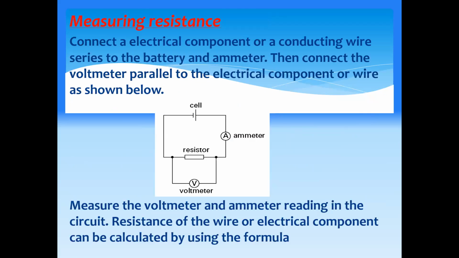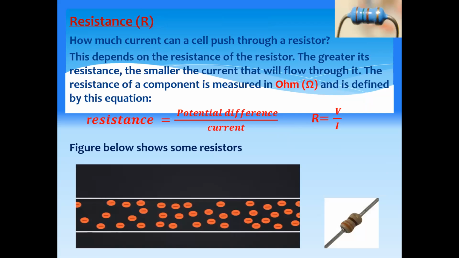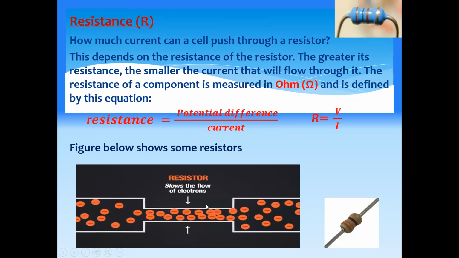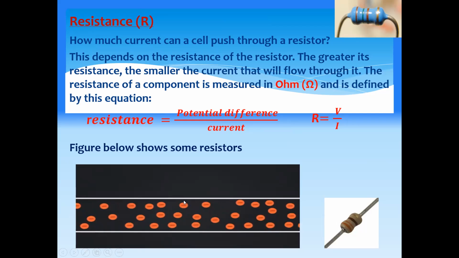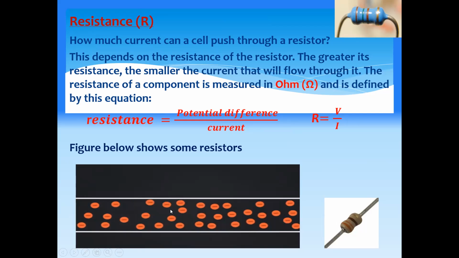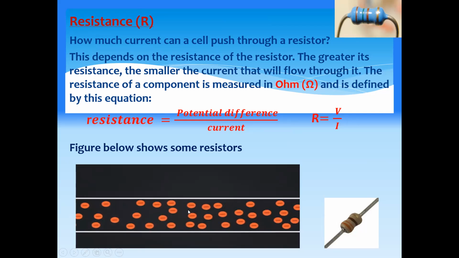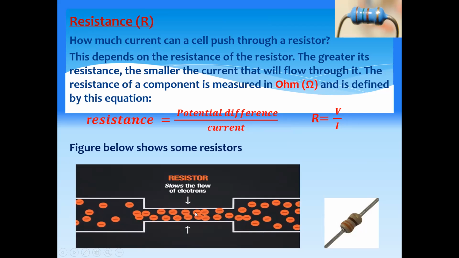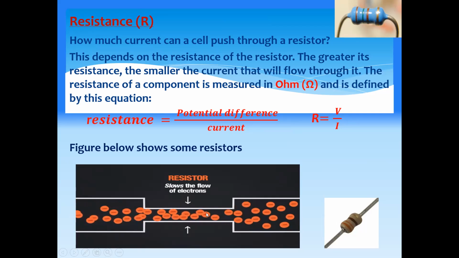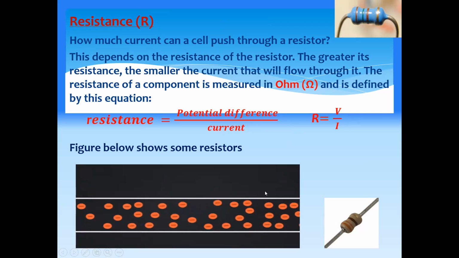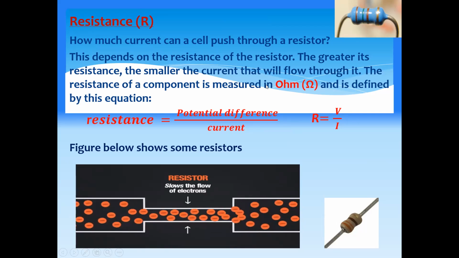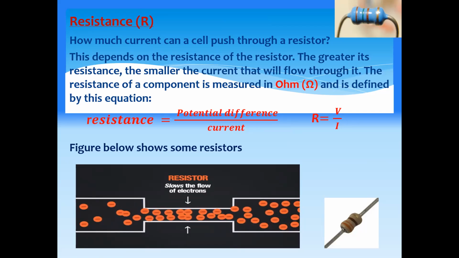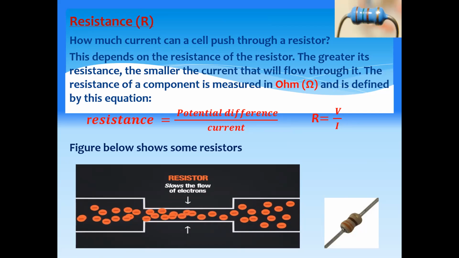As you can see in this image, when we have a thicker wire, the charges can flow easily. But when we reduce the size, the charges find it difficult to move, or the charges slow down. That is why a thinner wire will have high resistance as compared to thicker wires.